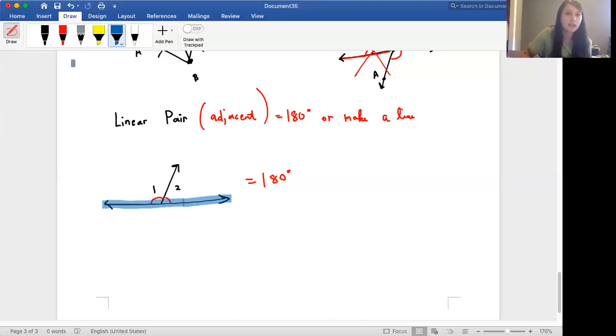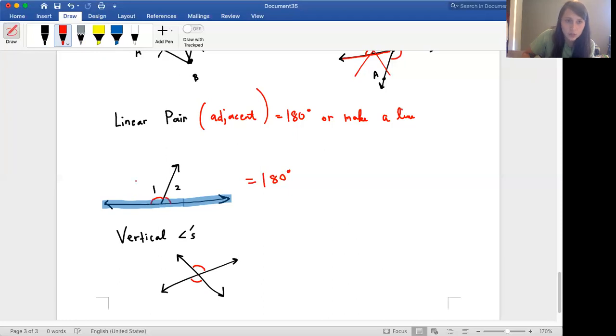All right, another type of angle that we're going to see a lot this year are called vertical angles. And vertical angles are basically angles that are created from two intersecting lines. So I've got two intersecting lines and they are across from each other.